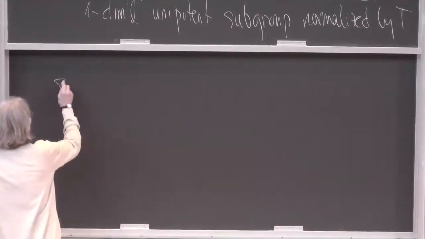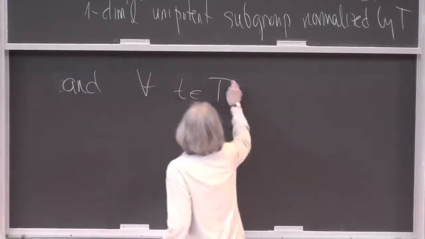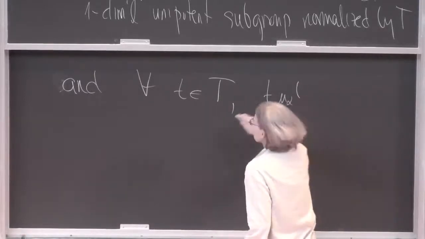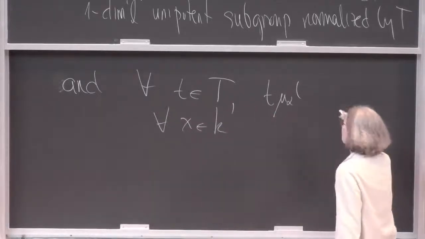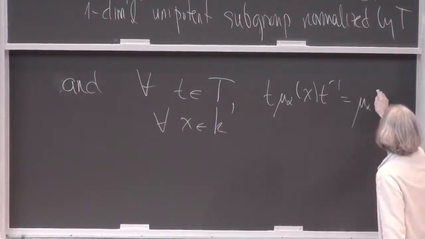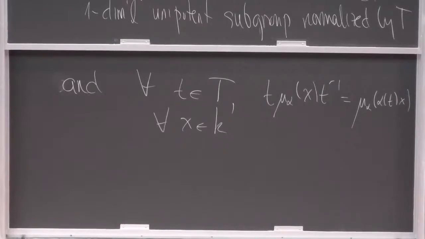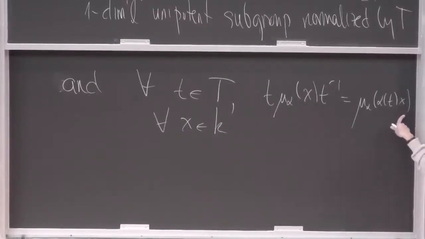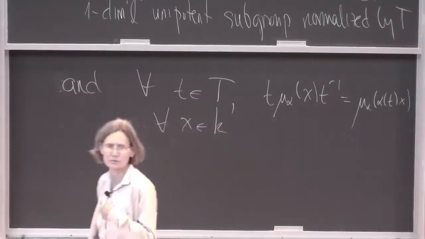For all t in T and for all x in the field, when I take t mu alpha of x t inverse, this is mu alpha of alpha of t times x. So this character tells you how the torus normalizes that one-dimensional group. So if you find such a one-dimensional group, then you call this character a root.